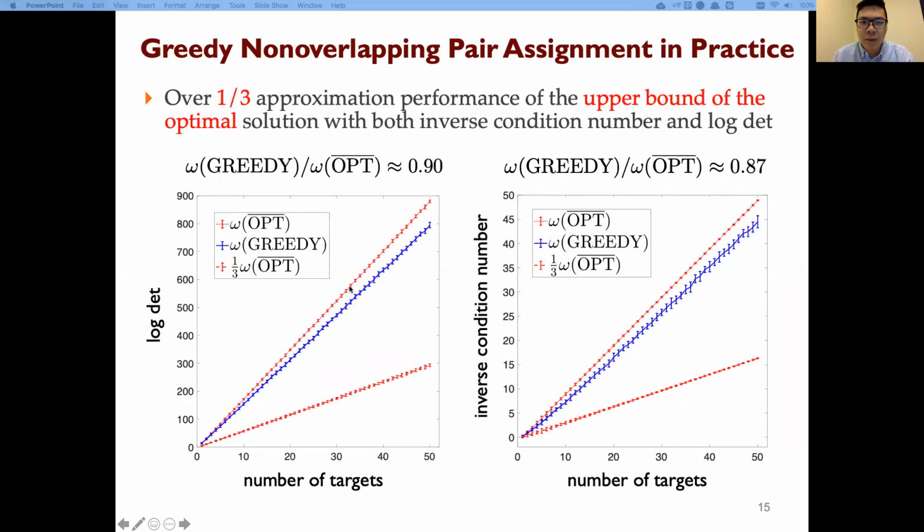And we compare the value of the observability measures, such as log determinant and inverse condition number, collected by our greedy pair assignment and the upper bound solution. And we can see that our greedy pair assignment performs very close to this upper bound solution and works much better than the 1/3 approximation in practice.